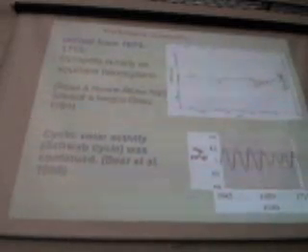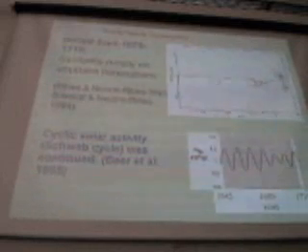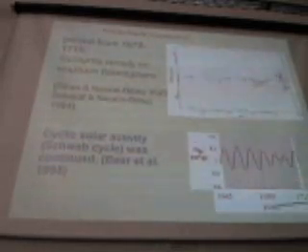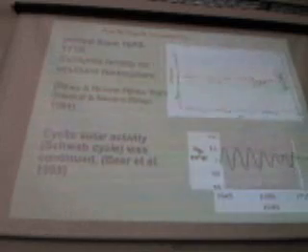Another important feature of the Maunder minimum was studied from cosmogenic isotopes like beryllium-10 in the polar ice cap by Beer and Ridley. They reported that although the sunspots disappeared during the Maunder minimum, the cyclic oscillation of the solar cycle was going on. This is the cyclic oscillation found in the beryllium-10 data.